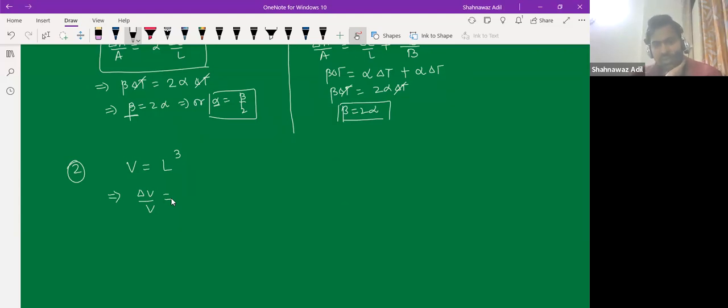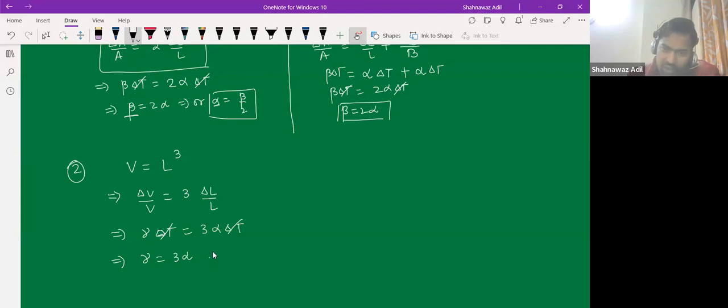How much would be this? 3 delta L by L, right? So then we know that this is gamma and this is 3 gamma delta T, and this is 3 alpha delta T. So this will cancel, and we will get gamma as 3 alpha, right?